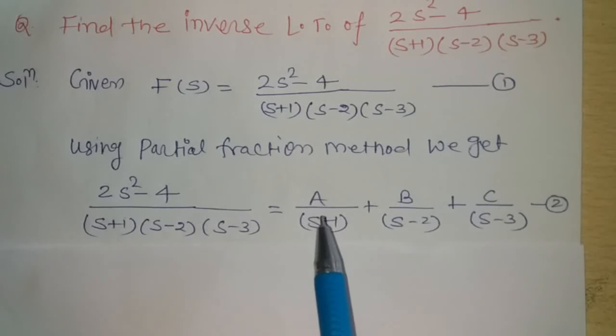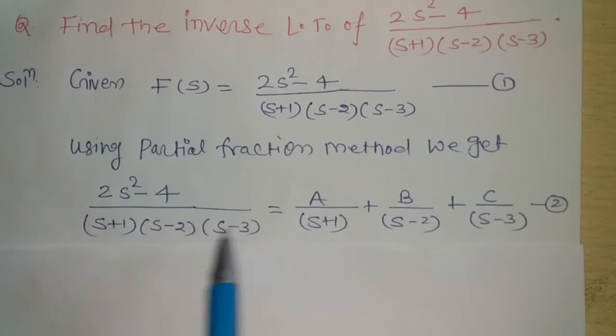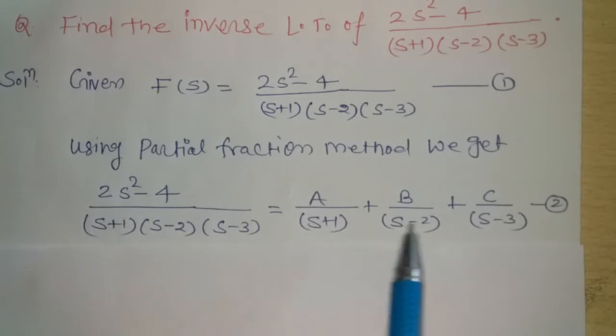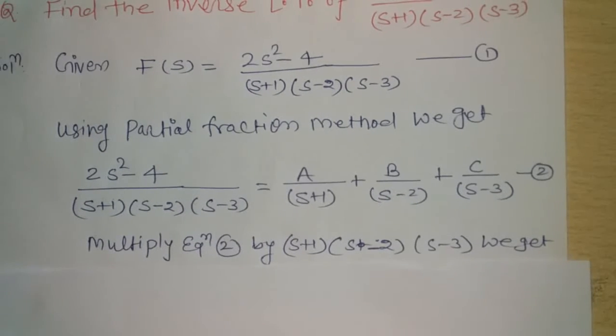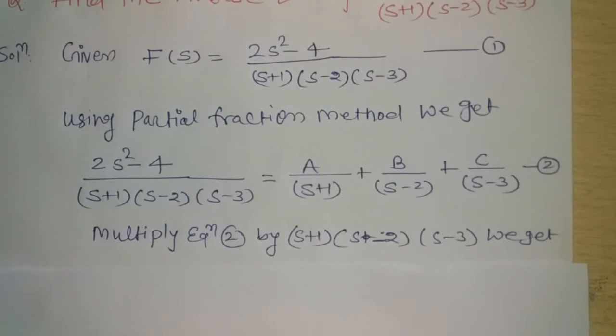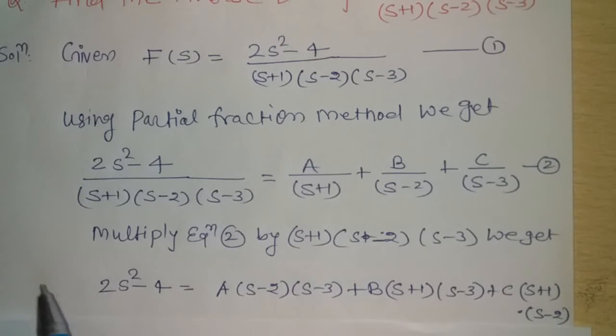Now we have to find the values of the constants a, b and c, and for this we multiply the whole expression by (s + 1)(s − 2)(s − 3). On the left hand side we have 2s² − 4.